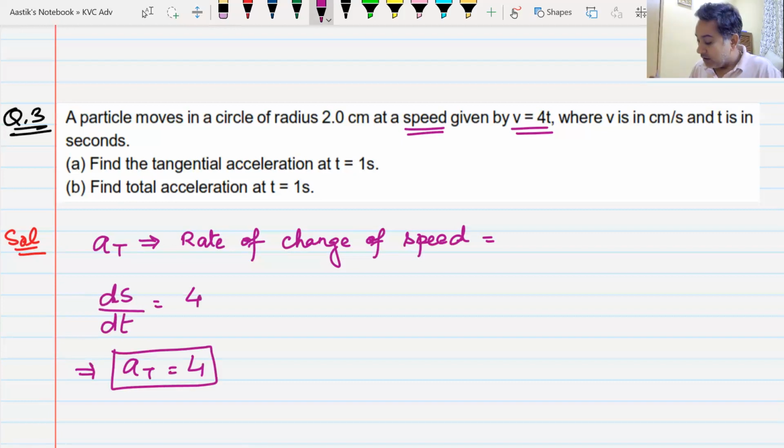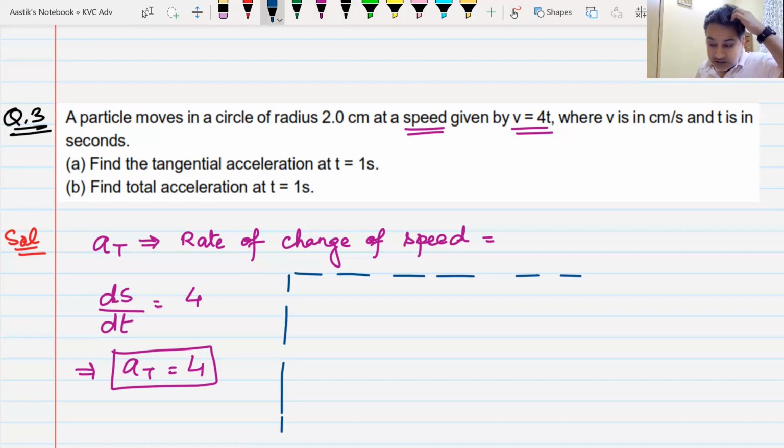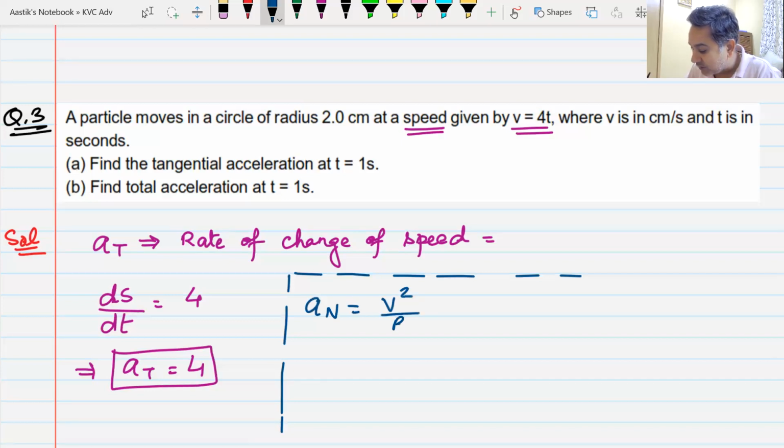Now, we found the tangential acceleration, but we still need to find the normal acceleration. The normal or centripetal acceleration will be given by v square by r. Now, at 1 second, the value of v is 4. So v square becomes 16, divided by radius 2 centimeters.